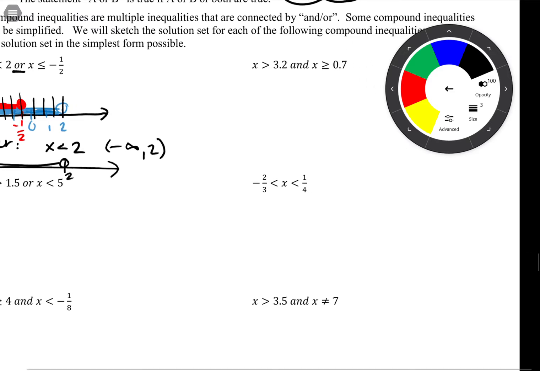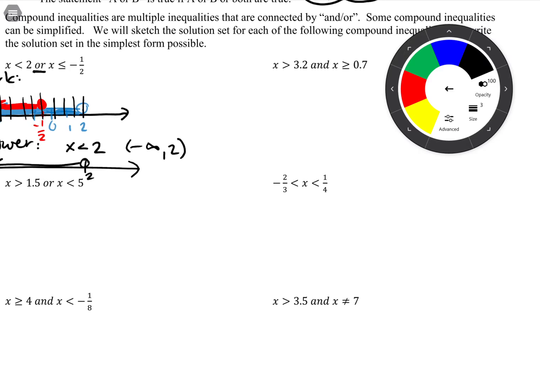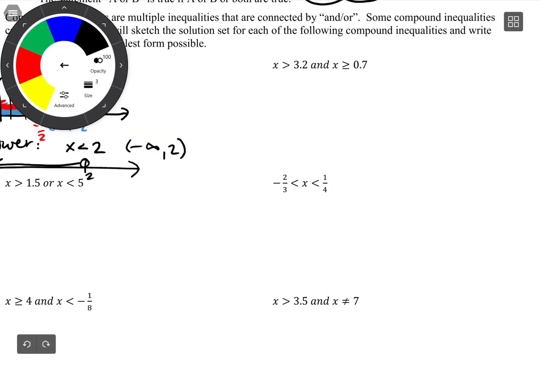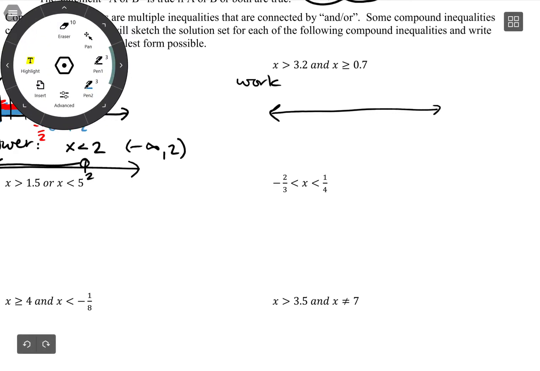For an and statement, okay. So this again is my work. We don't want to be confused. You have to try and simplify. Sometimes they don't simplify, but I think most of these will. So let's see here. The first one says x is greater than 3.2.